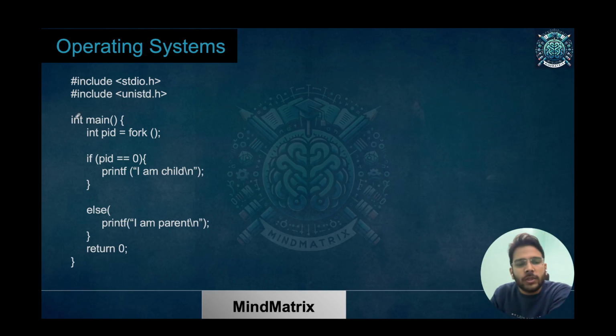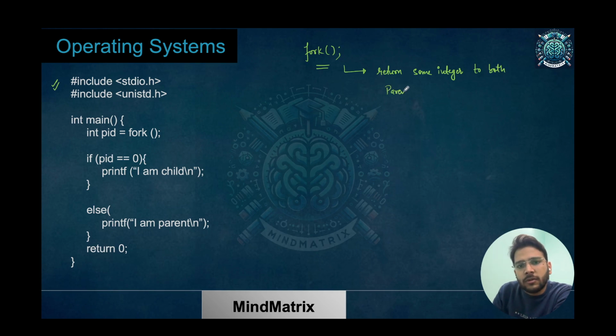Let's say this first one. So now we have this program here: int main, pid is equal to fork. Now we need to understand one more concept here. Whenever I call the fork system call, what does it do? It is going to return some integer value to both the parent process and the child process.